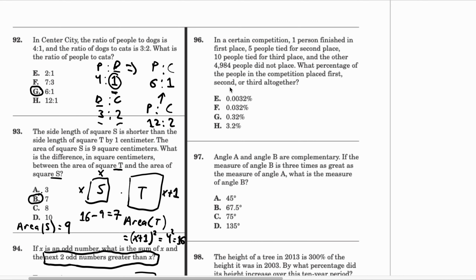In order to answer this question, I think it would be easier to write this as a fraction and then convert it to a percent. So we want the number of people that placed, and then we divide by the total number of people who are competing.